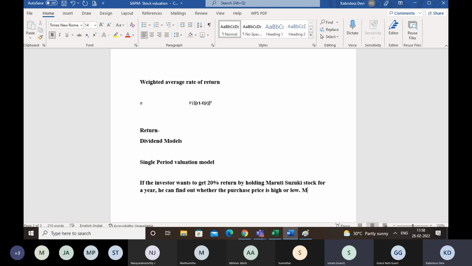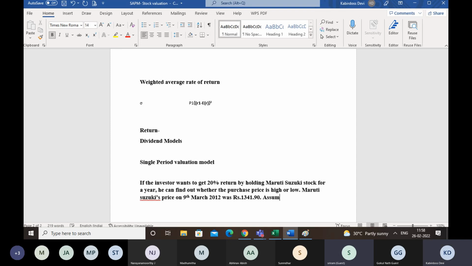Okay, so Maruti Suzuki's price on 9th March 2012 was rupees 1341.90.